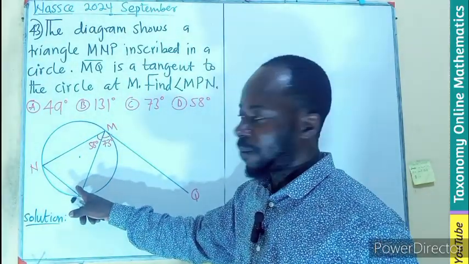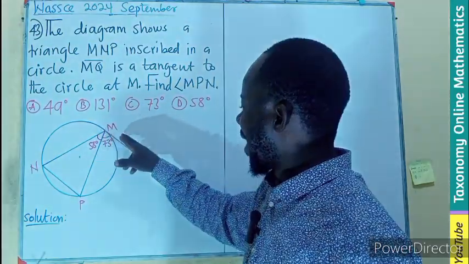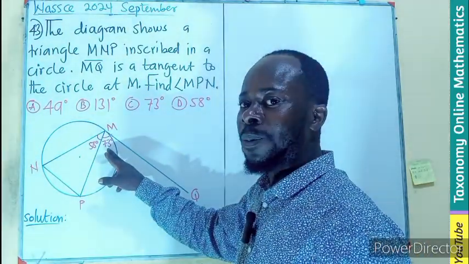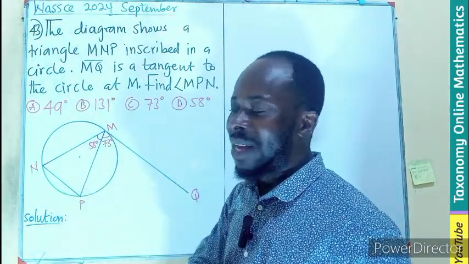MPN, this very angle. Now, looking at this directly, if you look at the tangent and the chord, the angle produced here will be equal to the angle here by the alternate segment approach.